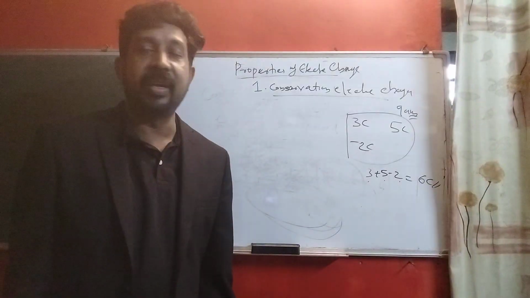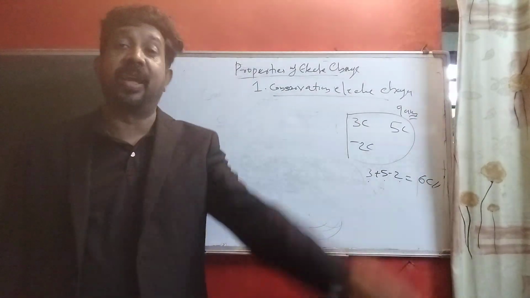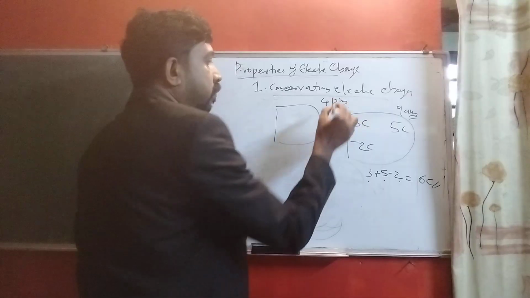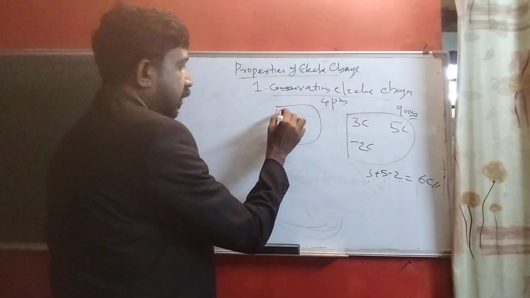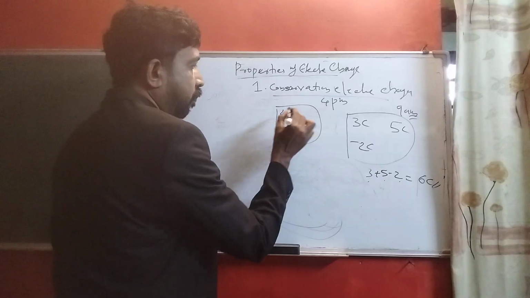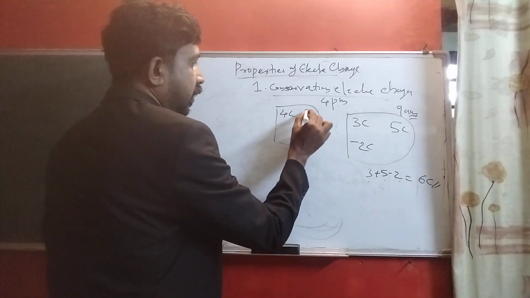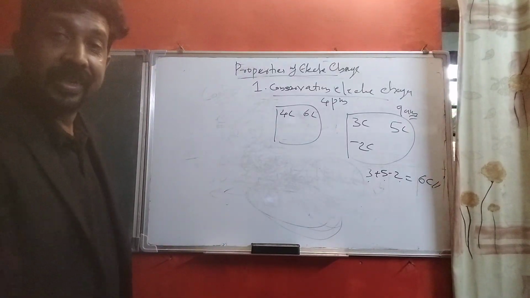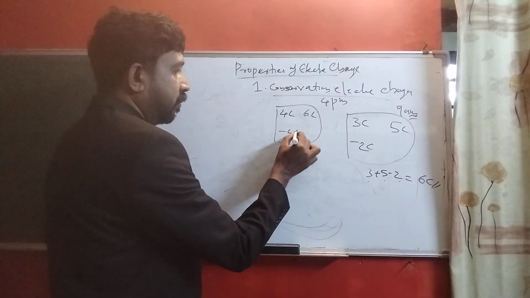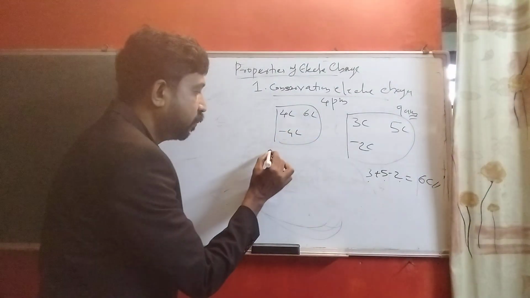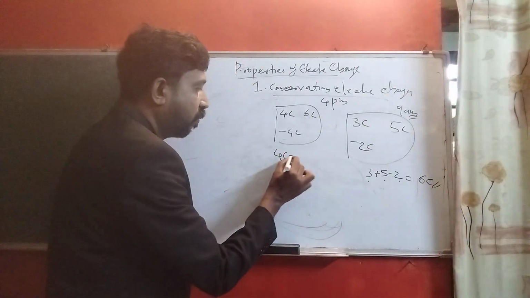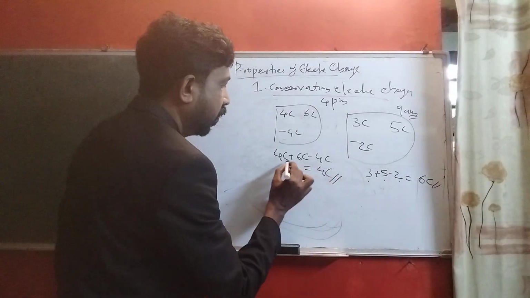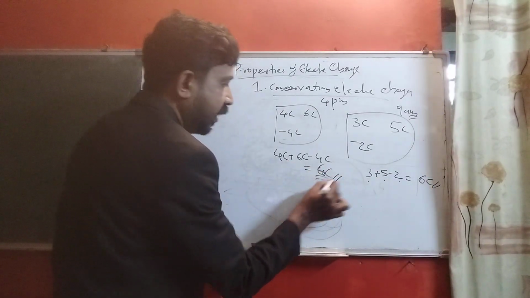Now at some other time, that is at 4 p.m., these charges are 4 coulomb, 6 coulomb, and minus 4 coulomb. Therefore, the total charge here, according to the first property, 4 coulomb plus 6 coulomb minus 4 coulomb is equal to 6 coulomb. Clear?